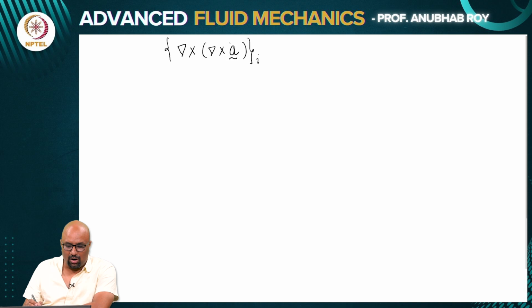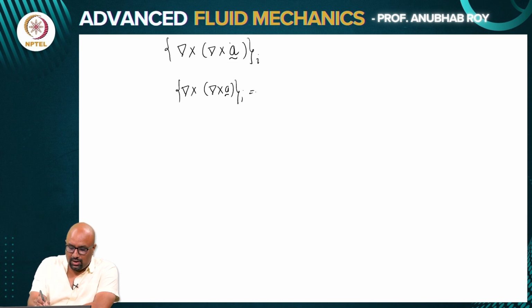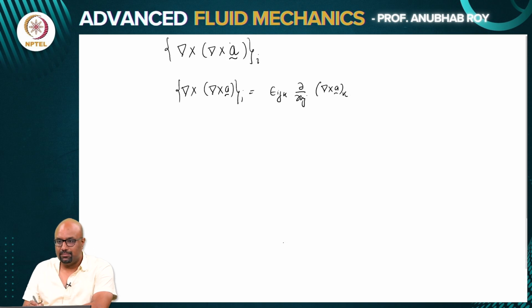This has the ith component. So, let us try to find curl of a curl. The ith component is epsilon ijk dou xj and the kth component of curl of A. Now, what is the kth component of curl of A?